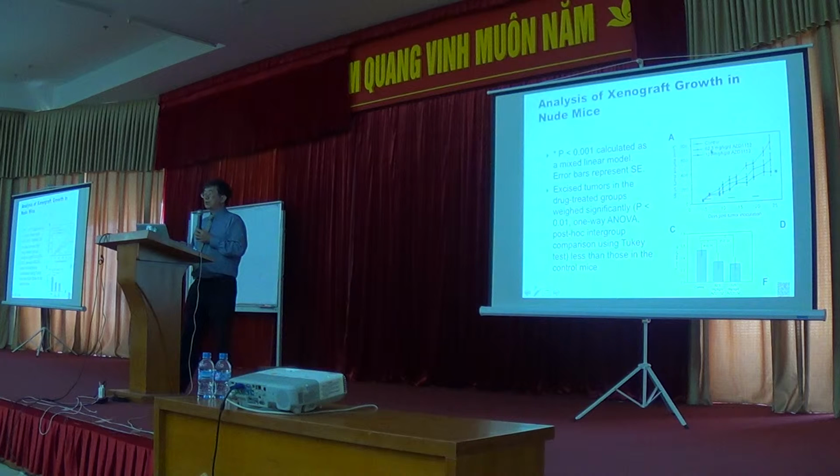The second group received this drug called AZD1152 at this dose of 62.5 milligrams per kilogram per day. And then the third group received the same drug, AZD1152, but at double dose. So now I have 3 groups of animals, and we'll follow the size of the tumors over time.